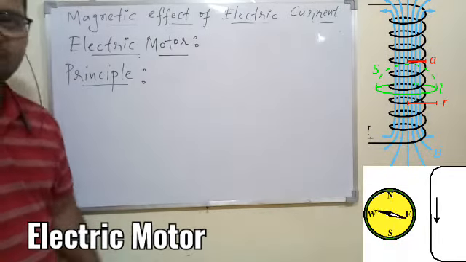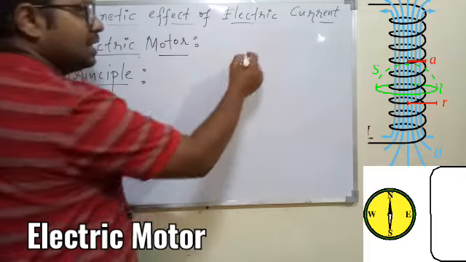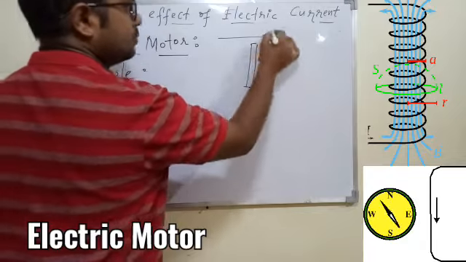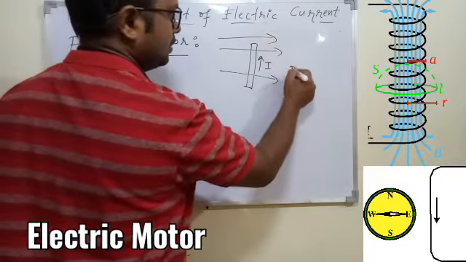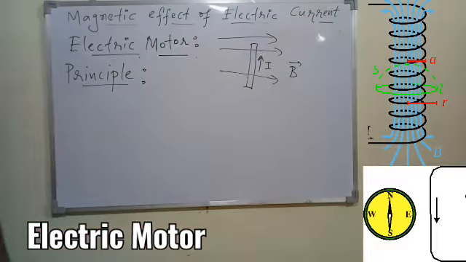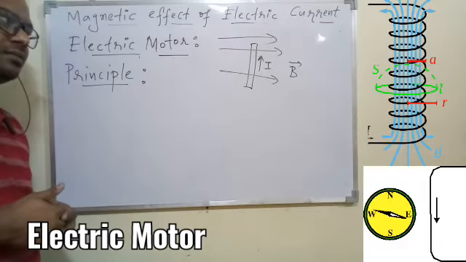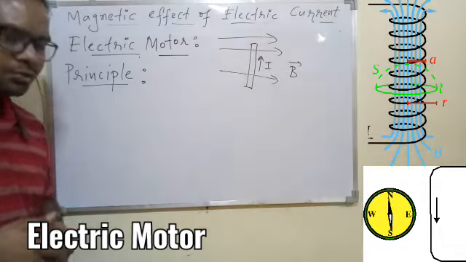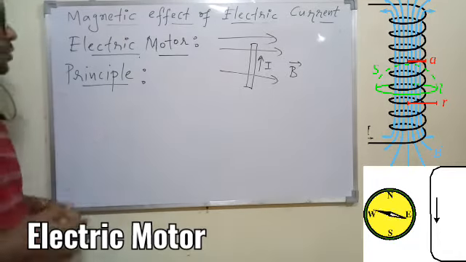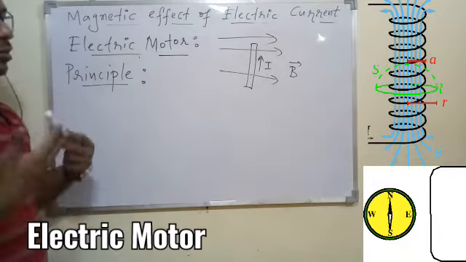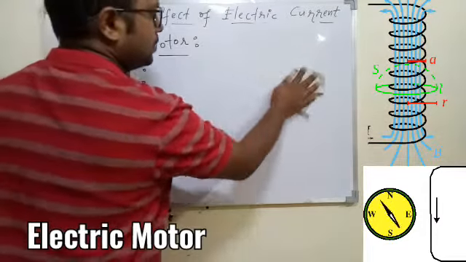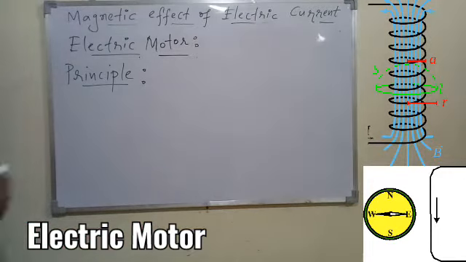It simply works on the concept that if a conductor is carrying current and it is placed in a magnetic field, this conductor will experience a force. That we have understood in the previous class. A current carrying conductor placed in a magnetic field experiences a force, and that is the principle, or the working concept, of the electric motor. So you should know this much, and then you will have the working and explanation very soon.